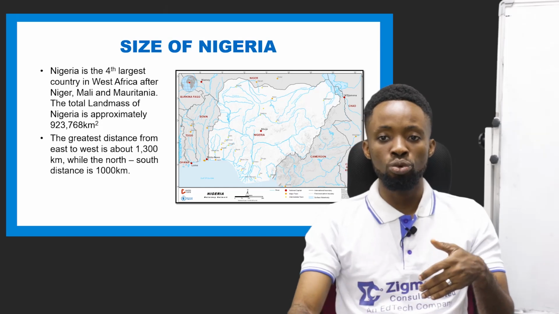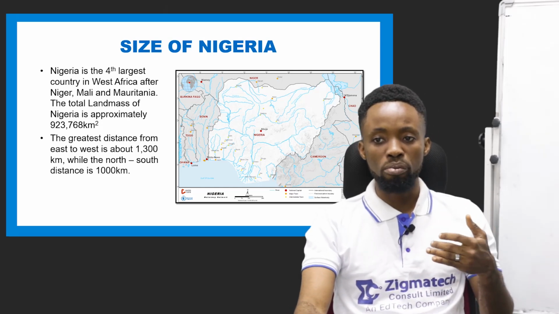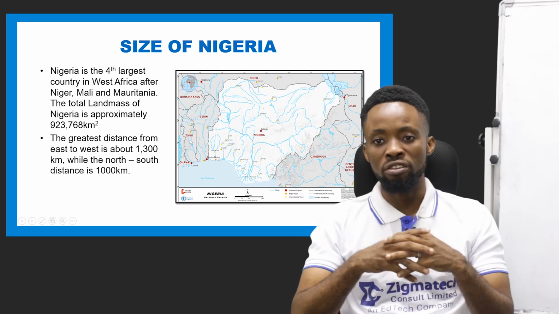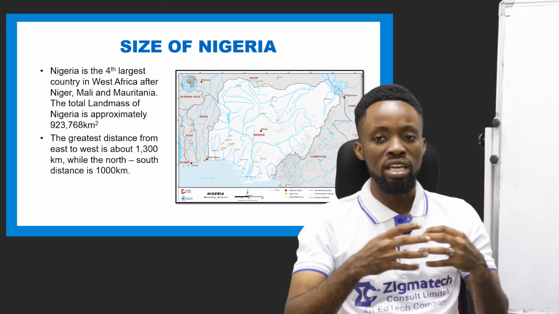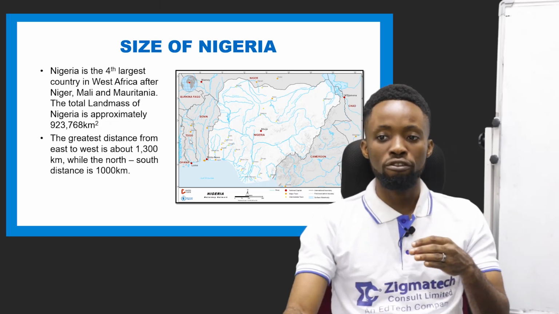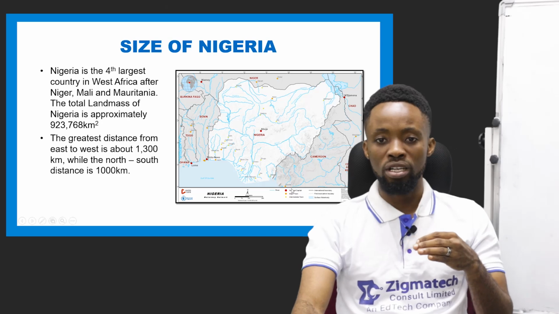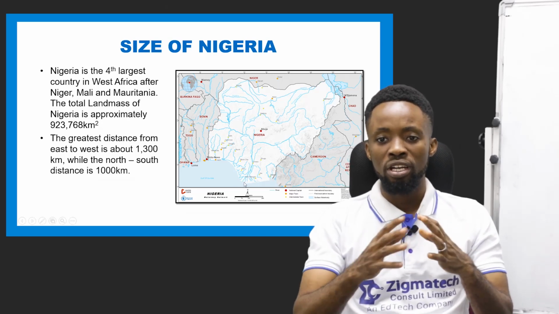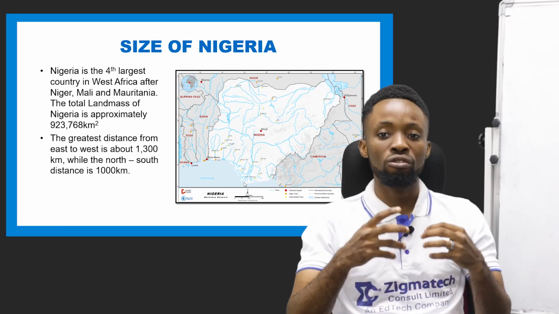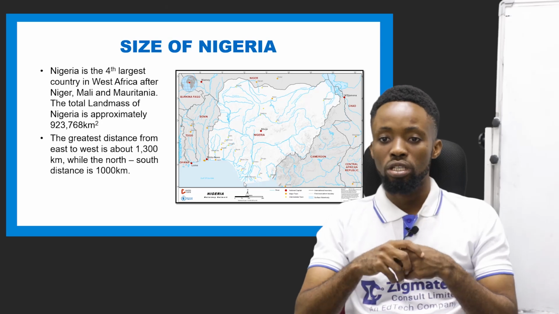And when you move from the eastern part of Nigeria to the western part, the stretch spans a distance of about 1,300 kilometers. Then if you move from the northern part of Nigeria to the southern part, the stretch spans a distance of 1,000 kilometers.